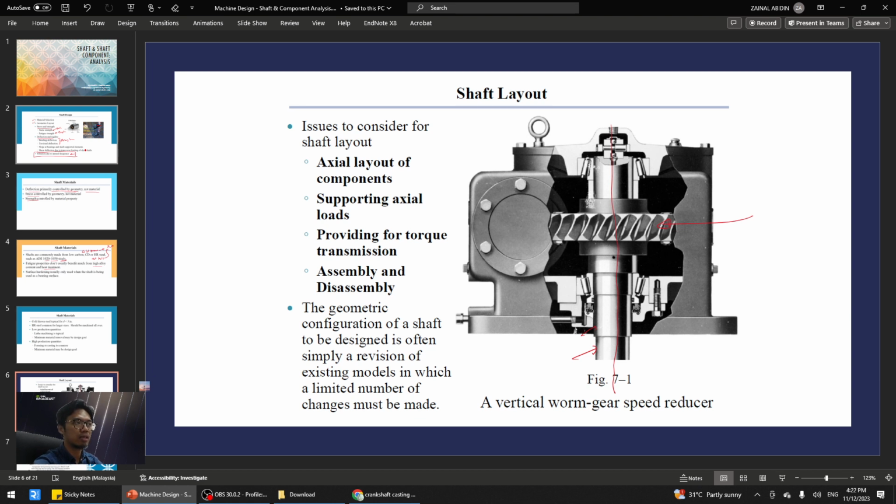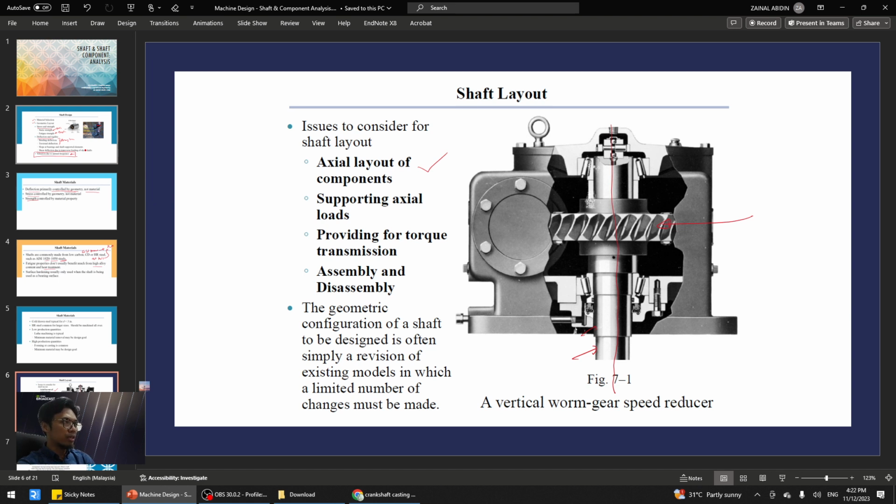Kalau you tak ada size of dimension ataupun diameter yang betul, probably you punya shaft akan jatuh melorot ke bawah. Okay, so that's why you need to consider axial layout of the component, if you want to design the shaft for your project.